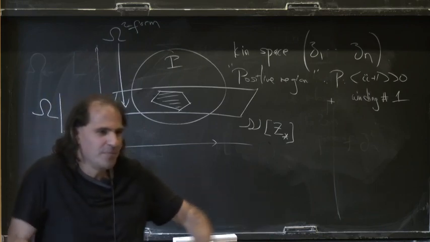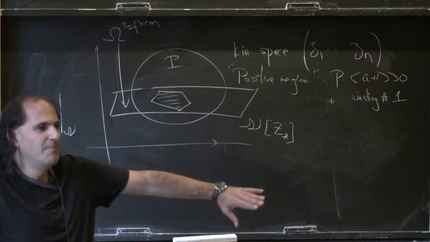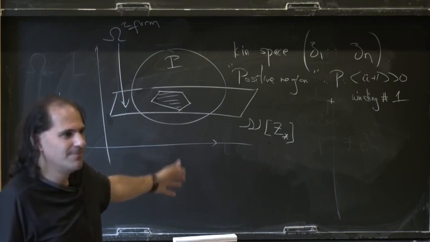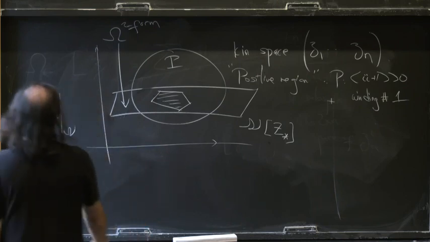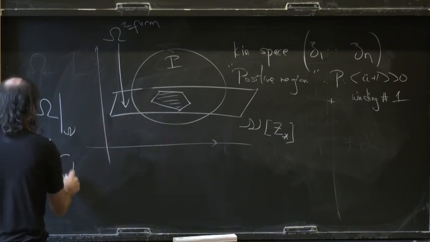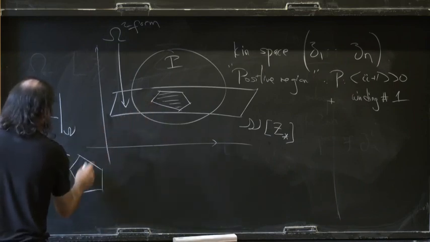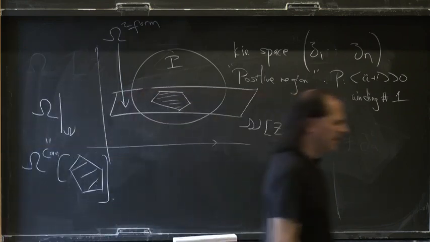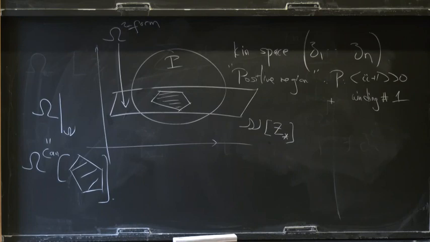It was always a 2-form. It's a 2-form on the subspace. But what is this 2-form? It's the canonical form for the polygon that we discovered on this subspace.